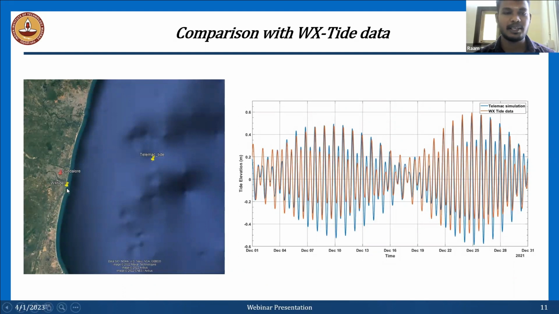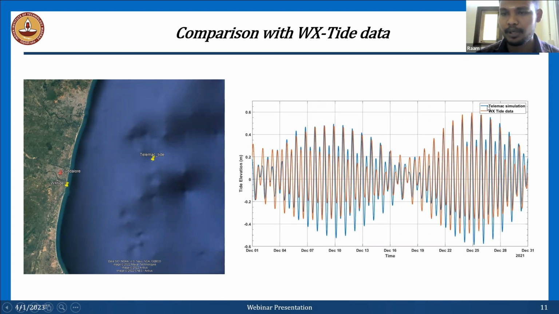This WX tide is an observation we got from the tidal station, and this is the zone where we are not able to get the tidal variation near to it because the mesh size is like that, so we just correlated the observation.